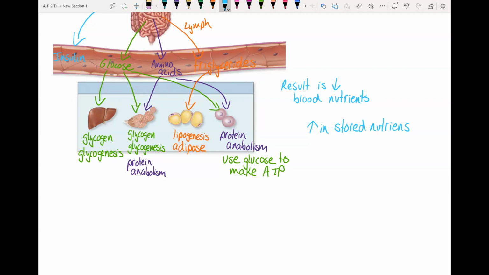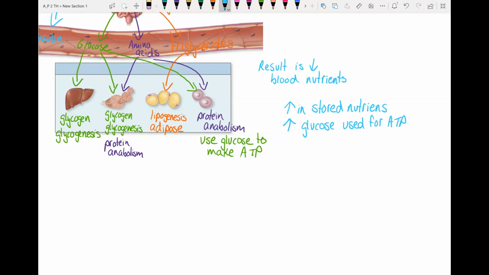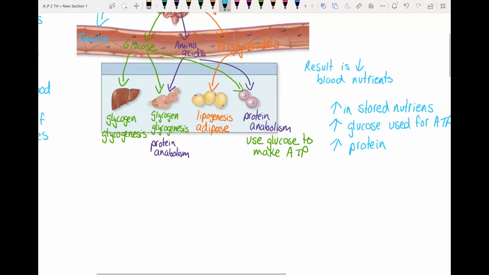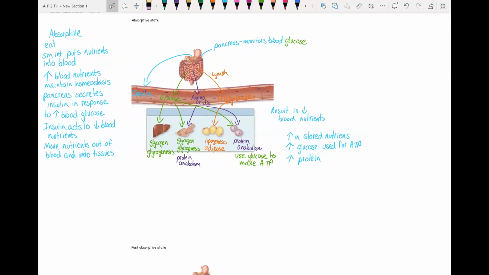You also have an increase in cells using glucose to make ATP. And you have an increase in the amount of protein in your body because you did protein anabolism. So this is what happens when you eat, this absorptive state.